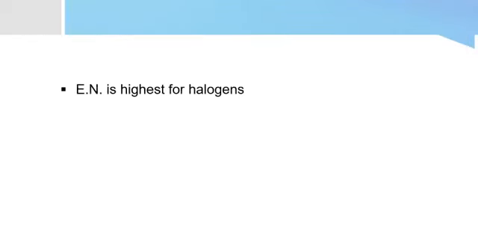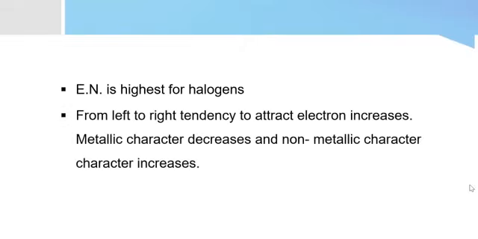Electronegativity is highest for halogens because in the same period the halogens have the higher nuclear charge, so they will easily accept an electron. As we move from left to right, the tendency to accept electron increases and the tendency to lose electron decreases. So as the electronegativity increases, the metallic character decreases and the non-metallic character increases.